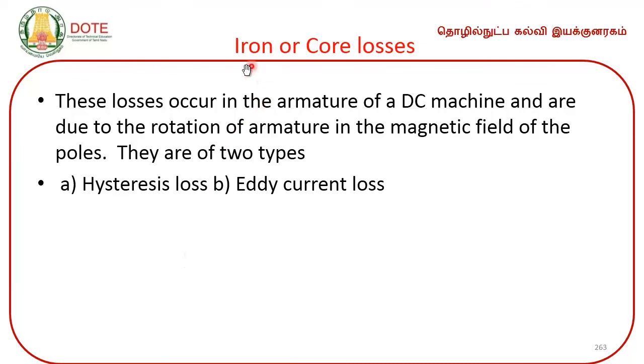Then comes the iron or core losses. These losses occur in the armature of a DC machine and are due to the rotation of the armature in the magnetic field of the poles. They are of two types, one is hysteresis loss, the other one is eddy current loss.